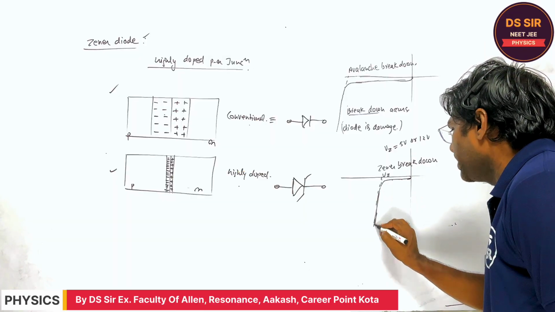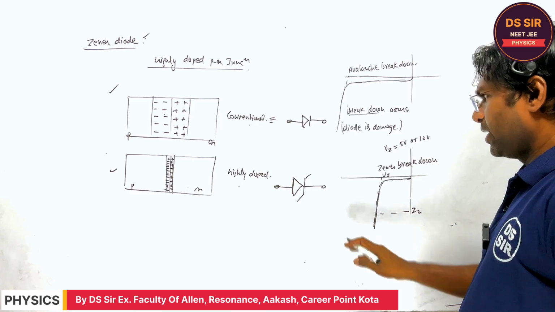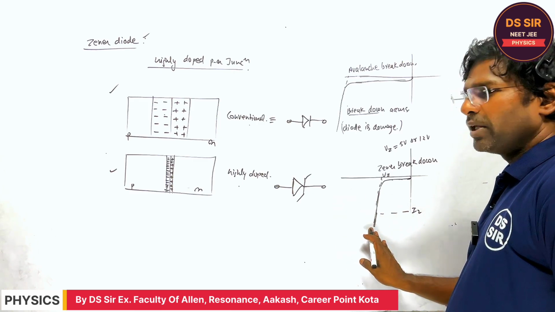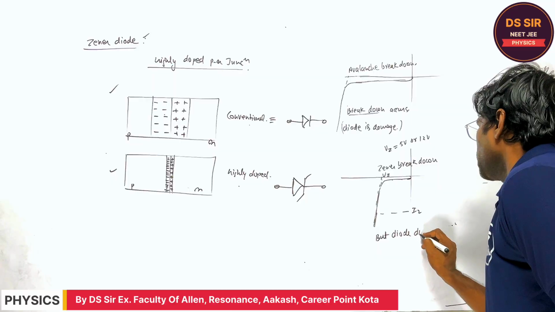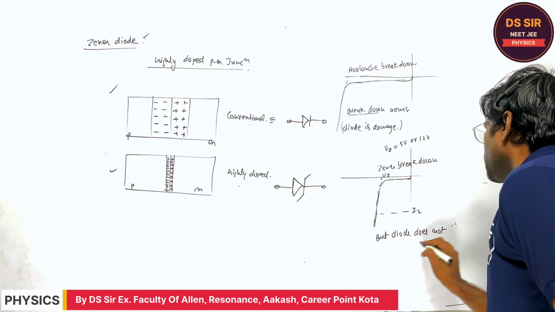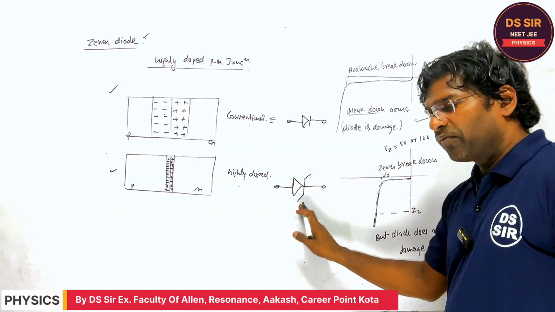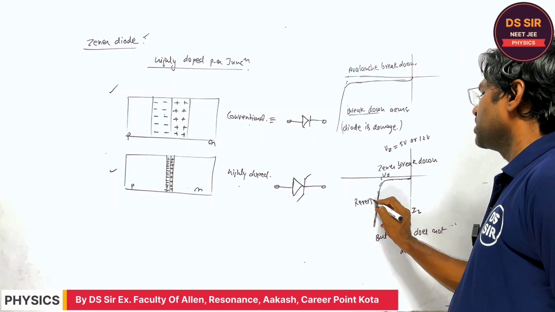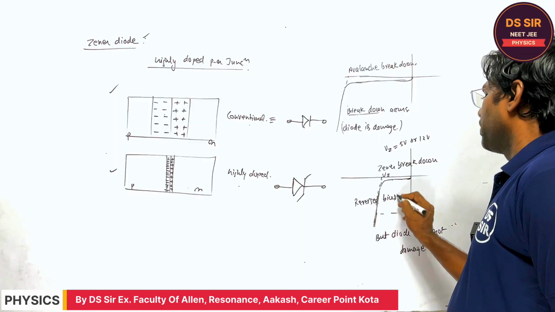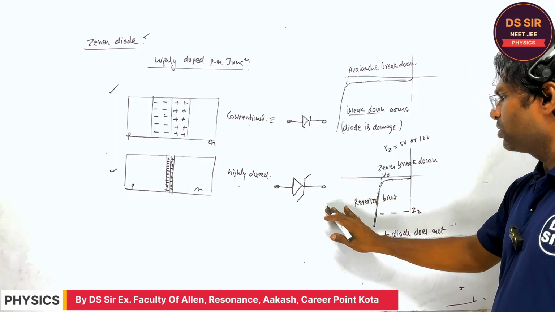But the high current, the Zener current IZ, is flowing, but the diode does not get damaged. So this diode works in reverse bias. Are you getting or not?